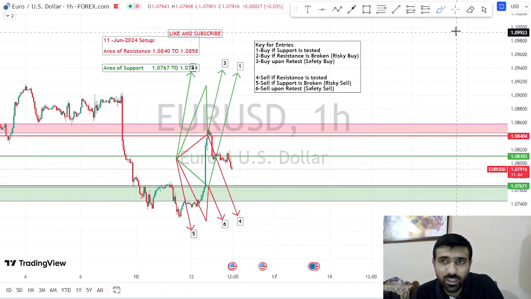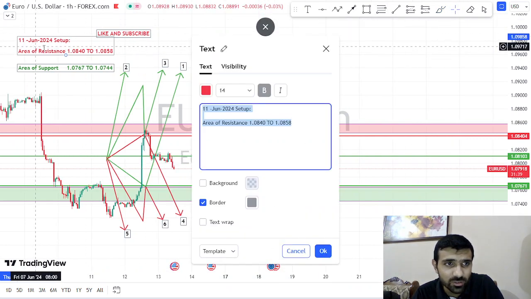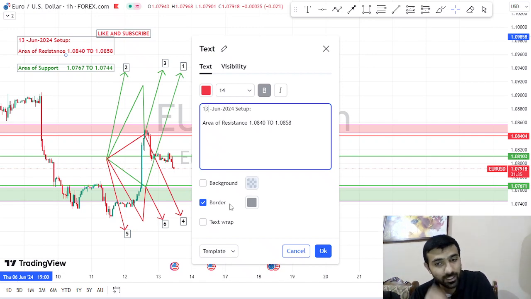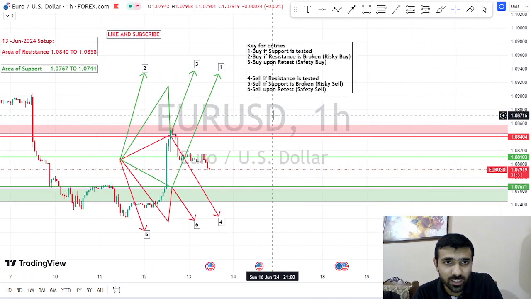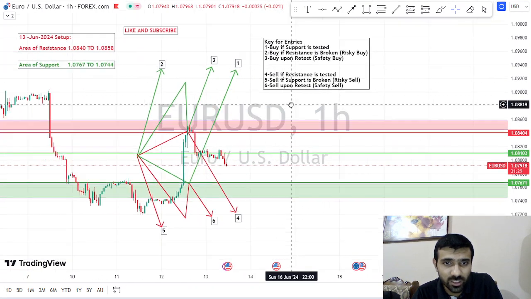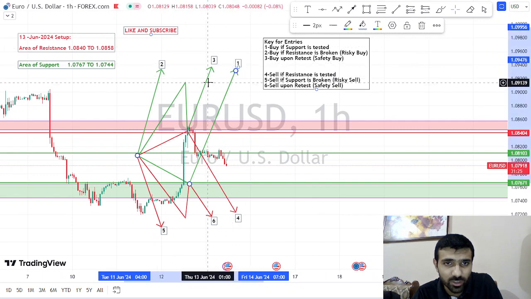Okay, so now let me just move forward these scenarios for the 13th of June. As you guys can clearly see that market area of resistance and support are same, as market is reacting from our short term marked area of support.